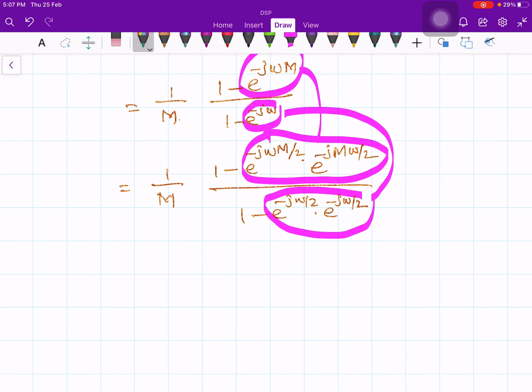Okay, now 1 over M, then you take e to the j omega M by 2 commonly outside.